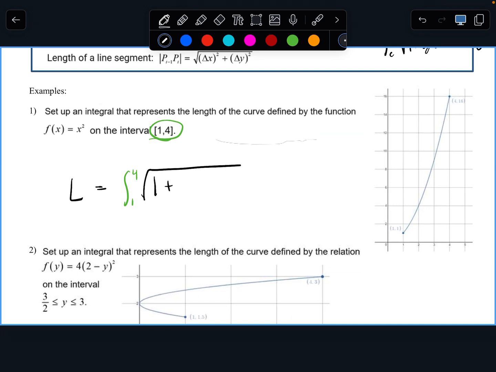It's the Pythagorean theorem. Then you need to plug in the derivative of f. It's really not bad. What's the derivative? 2x. That's all you do, just for setting up.